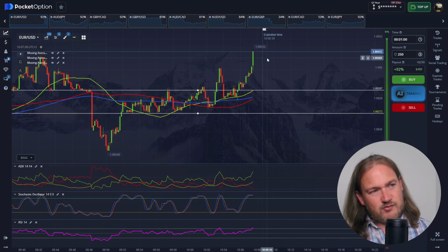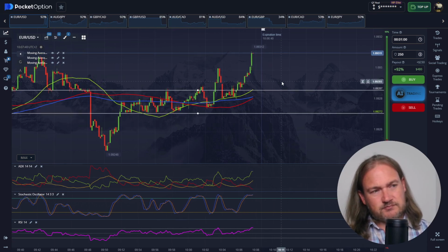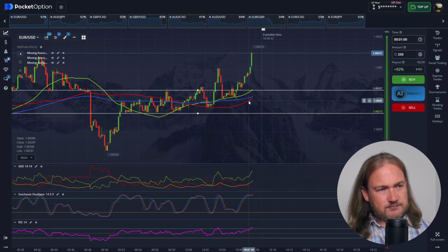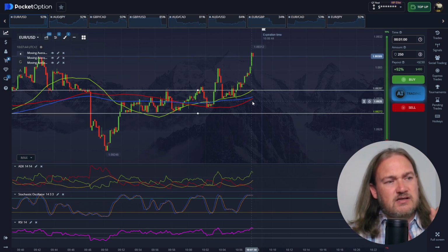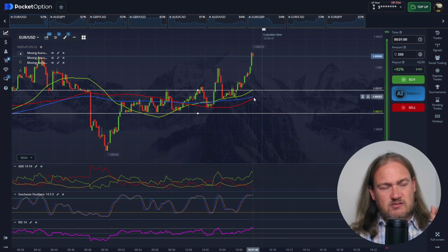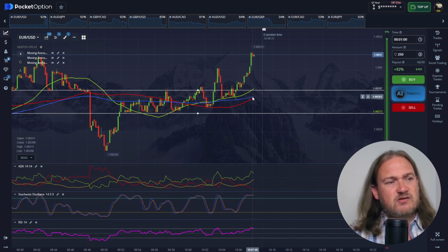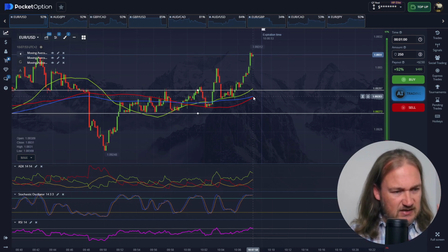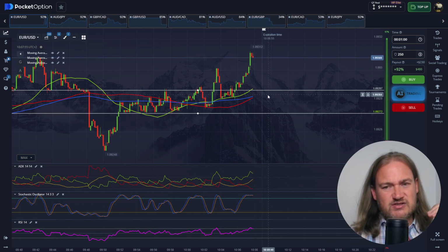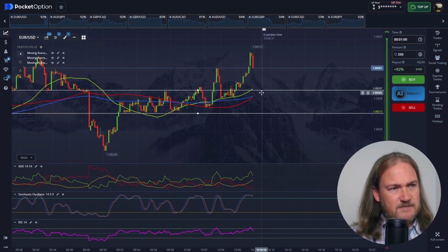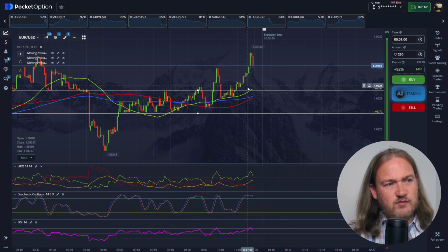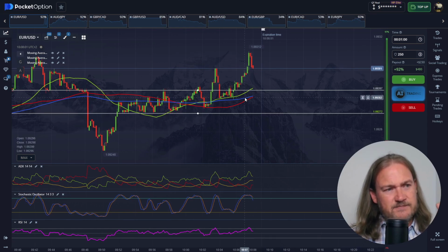Okay, it does look like we're getting some movement upwards now. My 100 moving average is about to cross my 200 moving average. So once this happens, we can, for the time being, assume that this is an emerging trend, and we can start looking for trades.